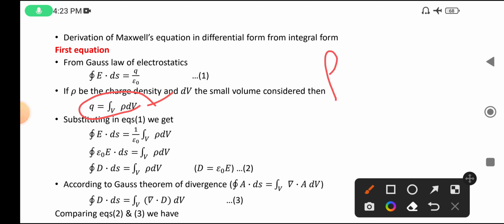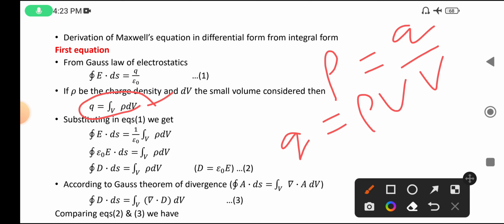We know rho is the volume charge density, charge by volume, so charge is equal to rho times V. For a small volume, the charge is also small; when the volume is more, more charge is present; when the volume is less, less charge is present.